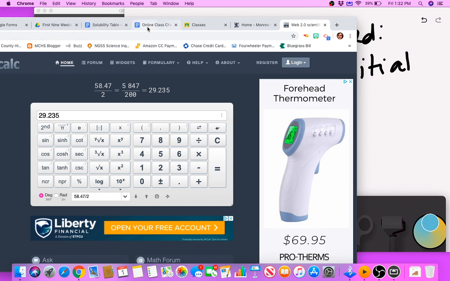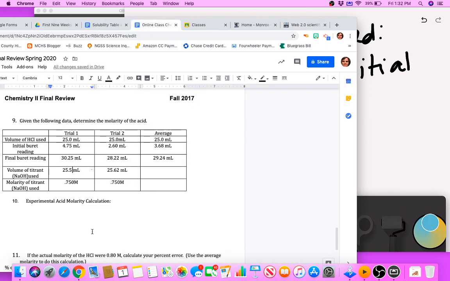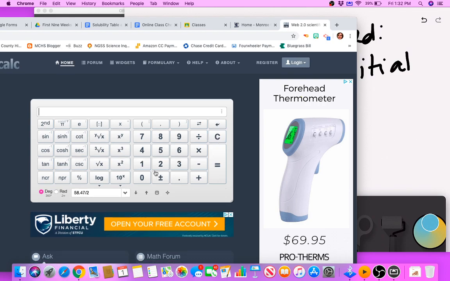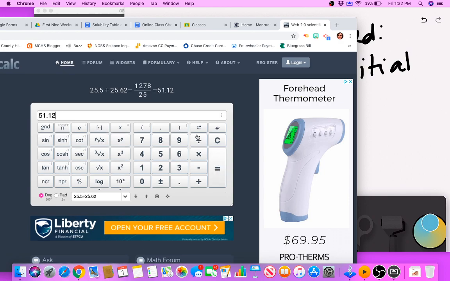All right, moving on, 25.5 and 25.62. And you guys, that actually should have 25.50 there. Messed that up. So 25.50 plus 25.62. Oh, I forgot to clear it out again. So 25.5 plus 25.62 equals, divided by 2 equals.